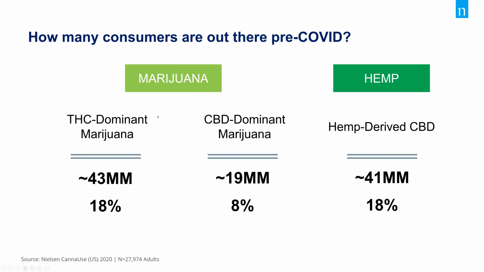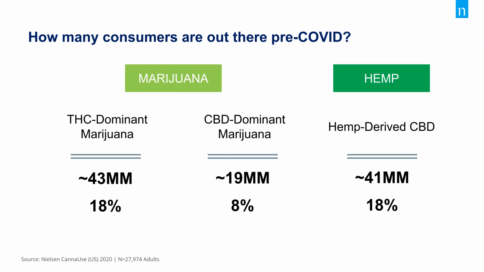Now, when we talk about consumption, just want to state that this is ever consumed. If we talk about people that are consuming with some regularity, these numbers are a little bit lower. For hemp CBD and THC dominant marijuana, it's closer to 10%. And then for CBD dominant marijuana, it's closer to 4% consuming with any regularity. So just keep that in mind.